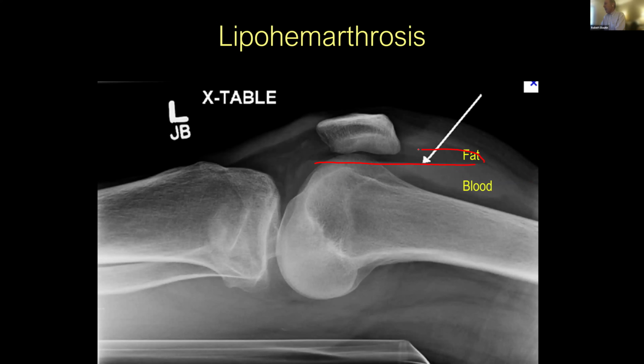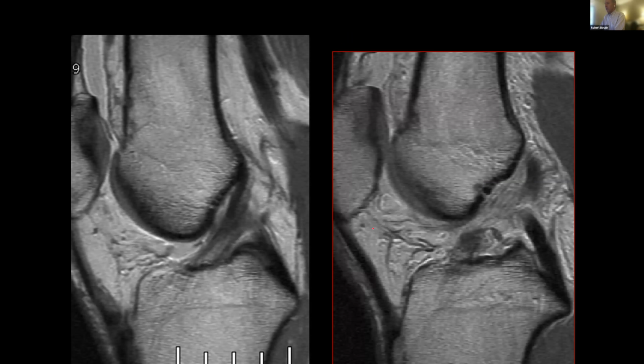I know about how fat floats better every year firsthand when I get in the pool. So here is fat floating on top of this bloody effusion. A lipohemarthrosis is something caused by a fracture until proven otherwise. There are other possible causes, but of course, if one sees a lipohemarthrosis, you better worry about a fracture.